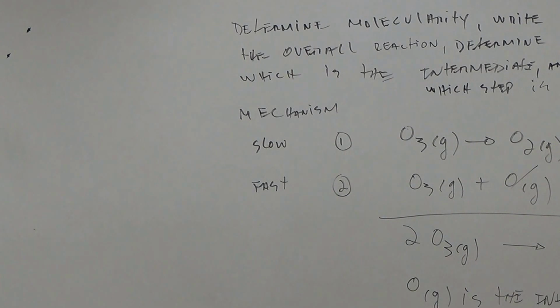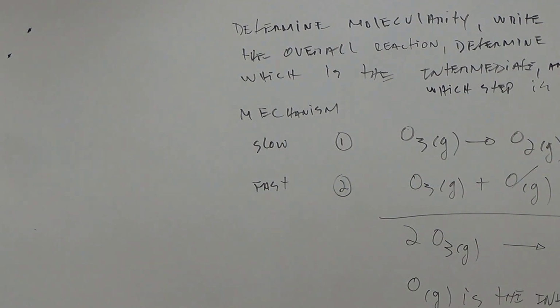And here's the biggest of all deals for a catalyst. A catalyst changes the reaction mechanism, which everyone disregards. The catalyst changes the reaction mechanism, and it introduces new intermediates.